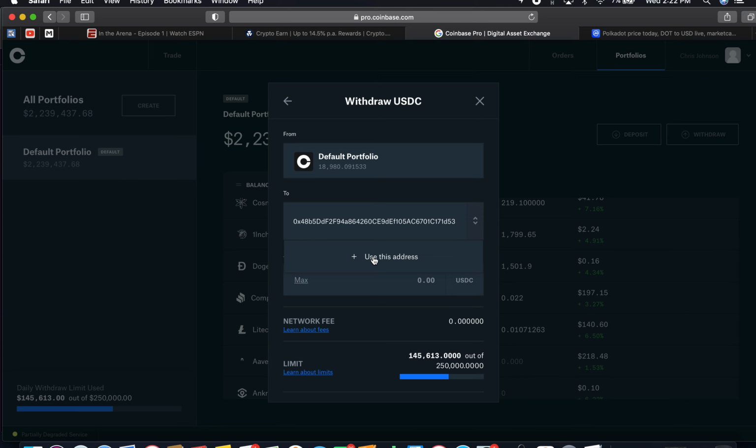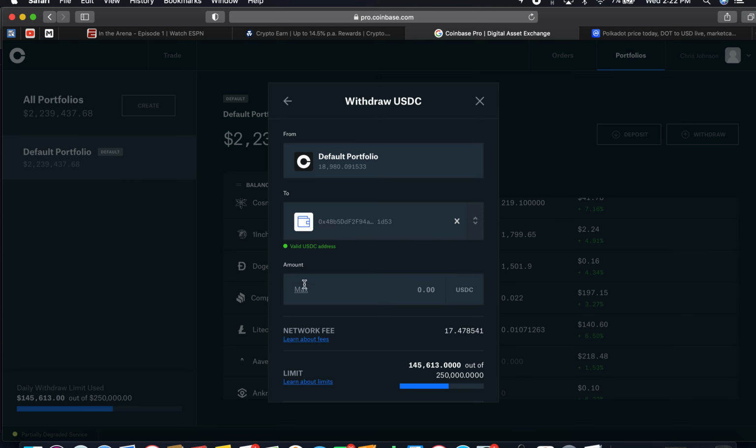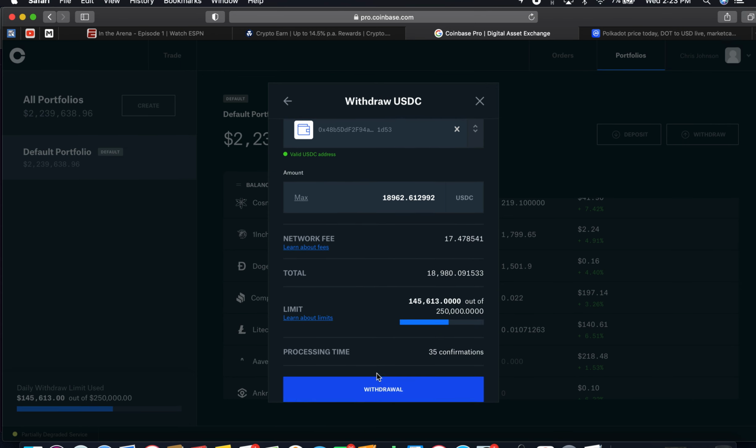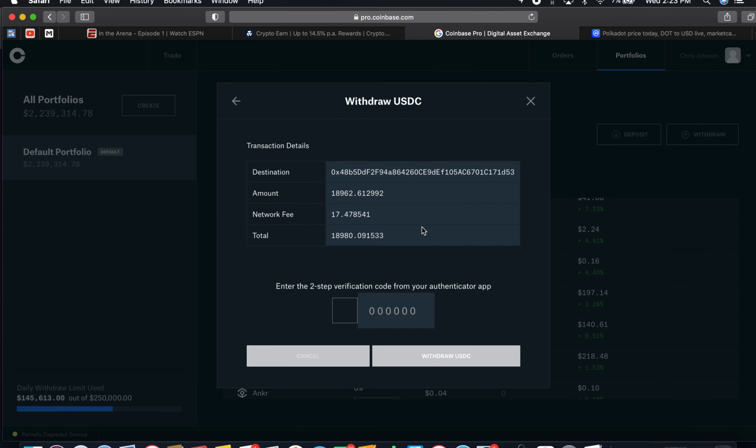Boom. Boom. Send the max amount. All right. Withdraw. So now the money's going to go from my Coinbase Pro to my MetaMask, and then I can buy things on MetaMask that I want.